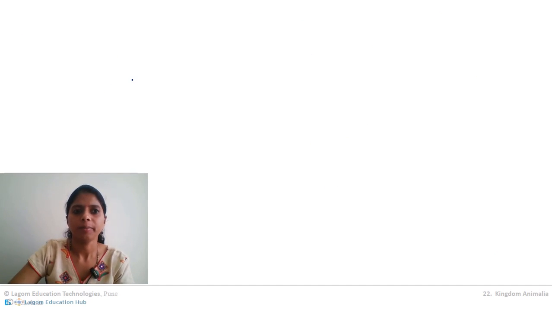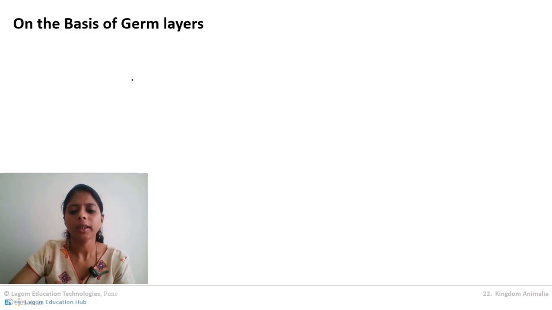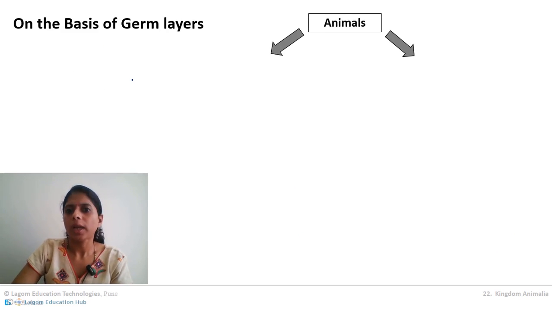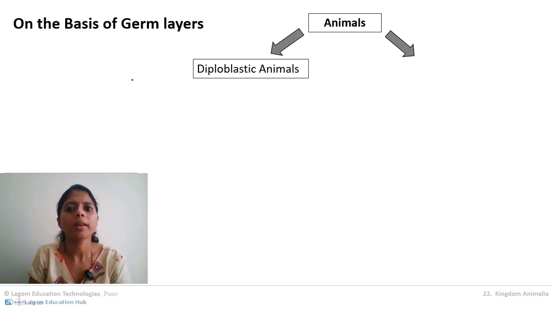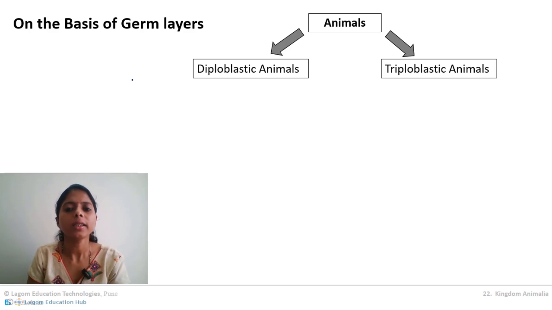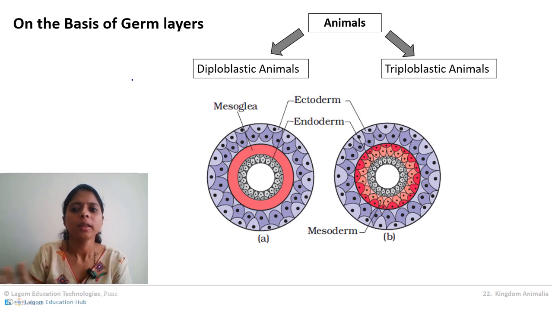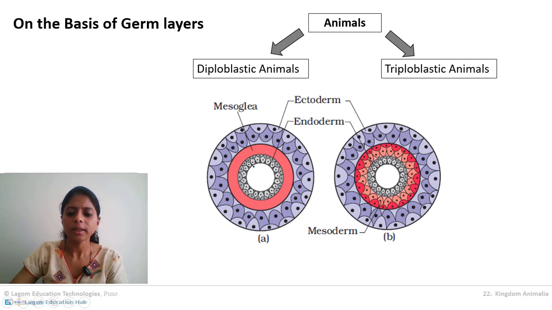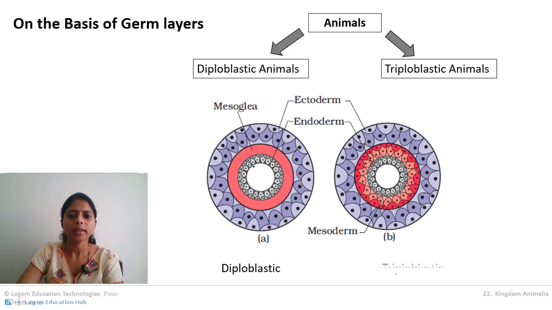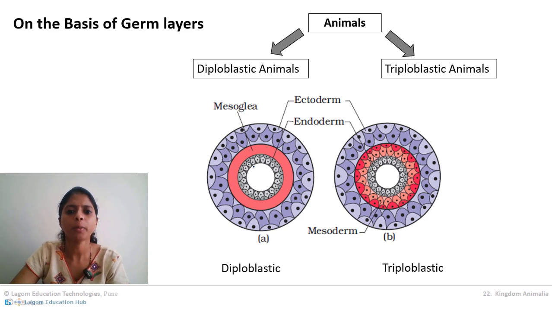Let us study. On the basis of germ layer, animals are of two types. One is called diploblastic and another is called triploblastic. To understand this, pay attention to this diagram. The first diagram indicates a section of a diploblastic animal, and the second diagram is a section of a triploblastic animal.